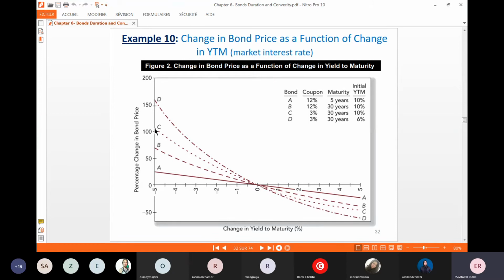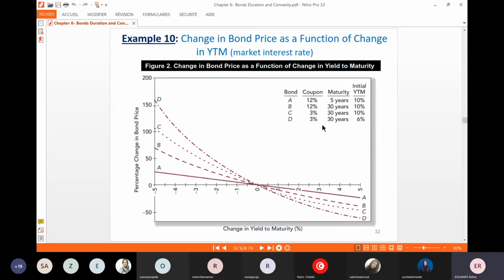Another thing now. Let's compare bond C with bond D. Bond C and bond D both have the same coupon, 3%, and the same maturity, 30 years. What is the difference? The difference is the initial yield to maturity at which the bonds are issued. So bond C, when it is issued, has a yield to maturity of 10%.